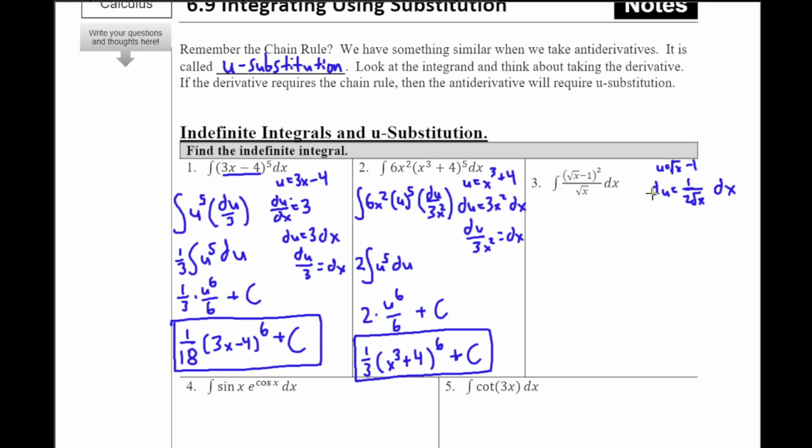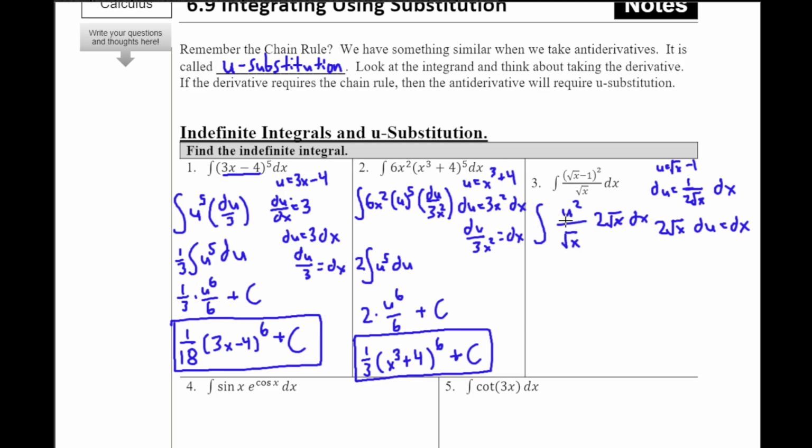And then if you multiply this over, 2 root x du is equal to dx. Now, let's plug this back in, substitute the u's in. So we have a u squared on top over root x, and then dx is 2 root x du.